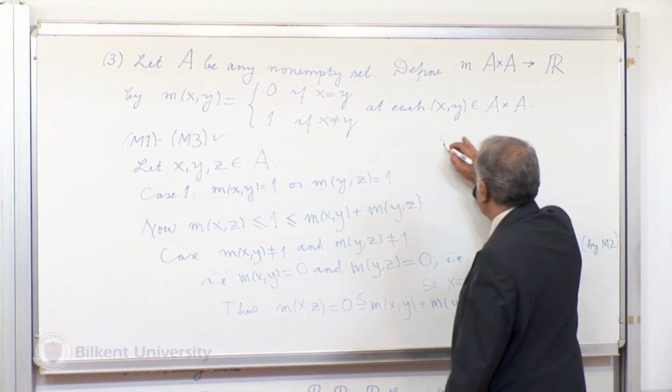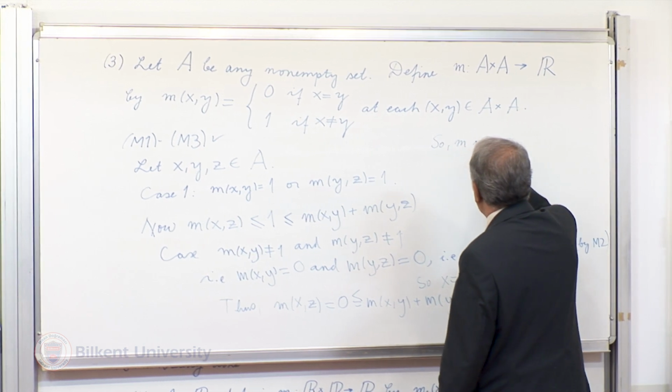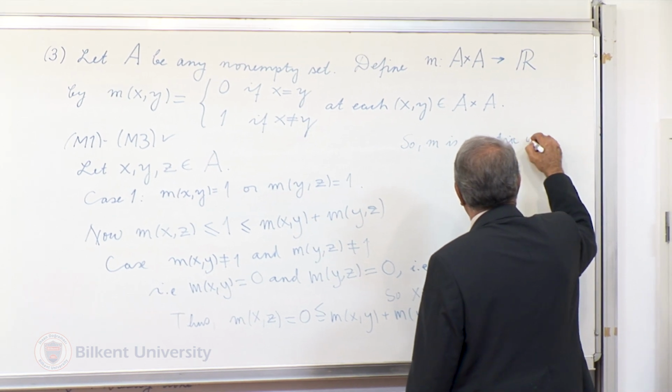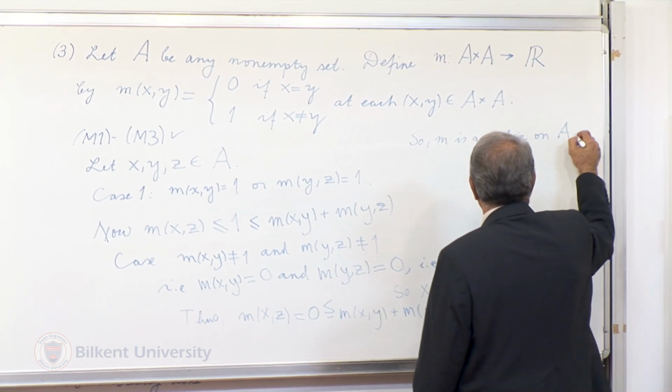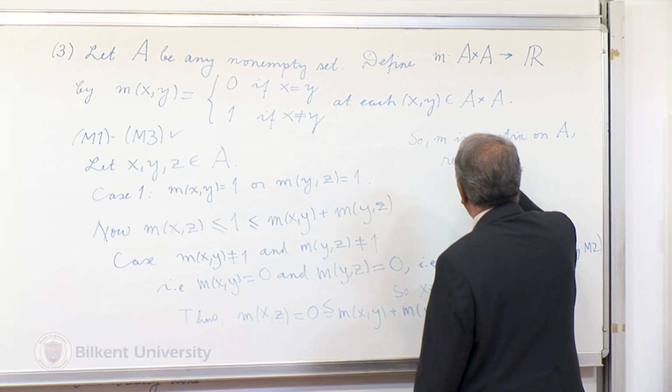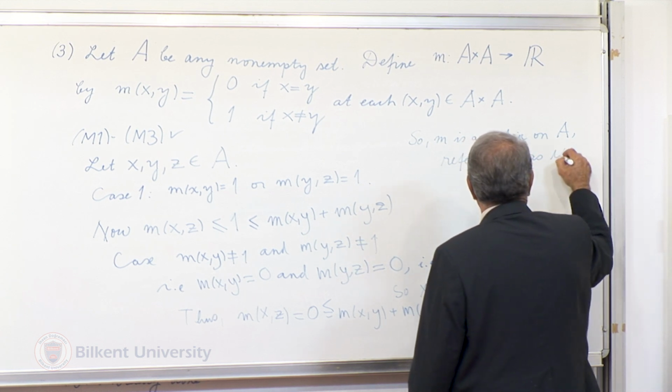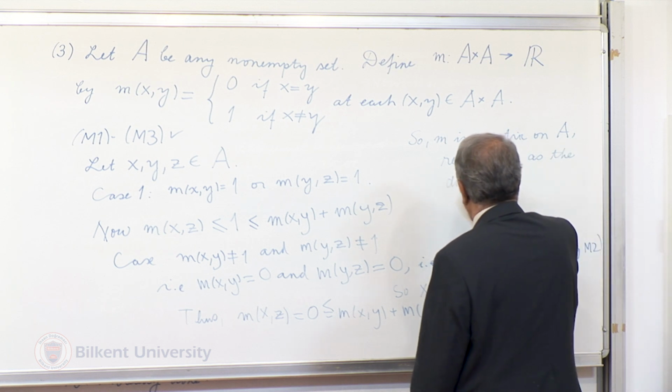So M is a metric on A referred to as the discrete metric on A.